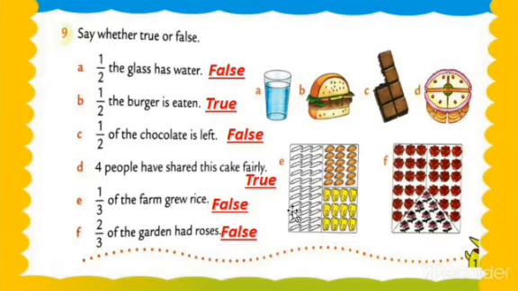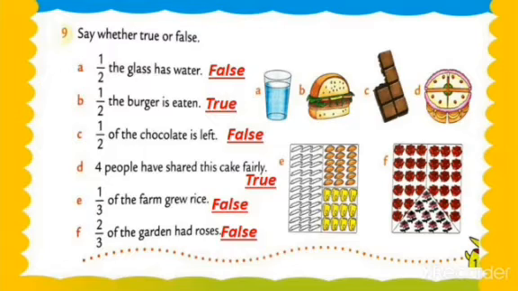1 upon 3 means. And after that, question number 6: 2 upon 3 of the garden has roses. See this, 1, 2 and 3 parts, and 2 is what? 2 parts are flowers, but here only 1 part is roses. Okay, so that's why this sentence is also incorrect. Understood, my dear students? Here we complete these 2 questions.